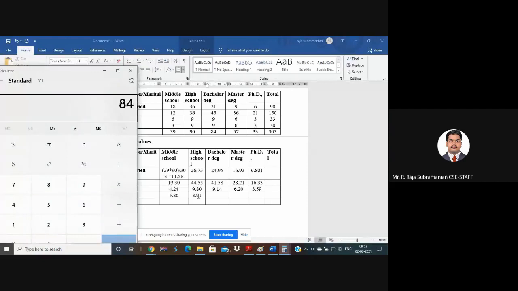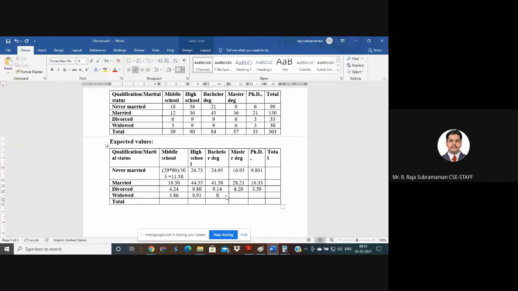This is 84 into 30, 8.316. And this is 5.64. Finally, 3.6.